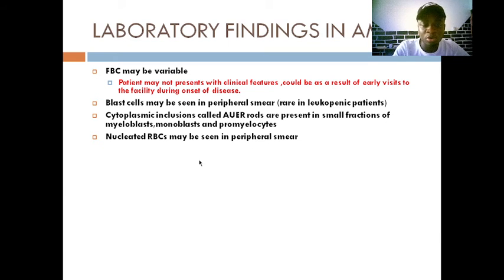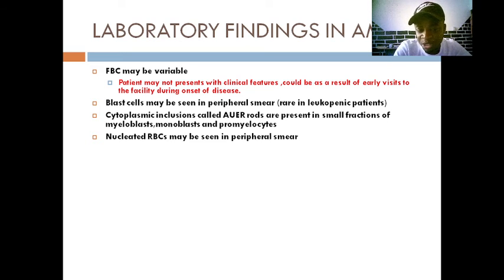Now, people confuse nucleated RBCs and RBCs. It is very, very important to know nucleated RBCs. They resemble RBCs, but the only difference is that the nucleated RBC has a nucleus. You understand that? And it has a central pallor.